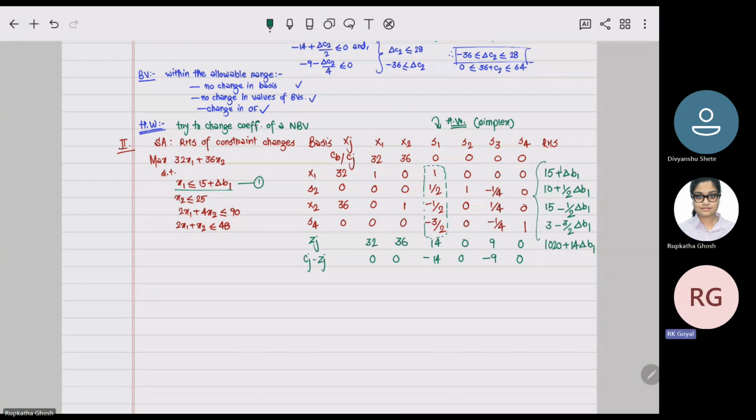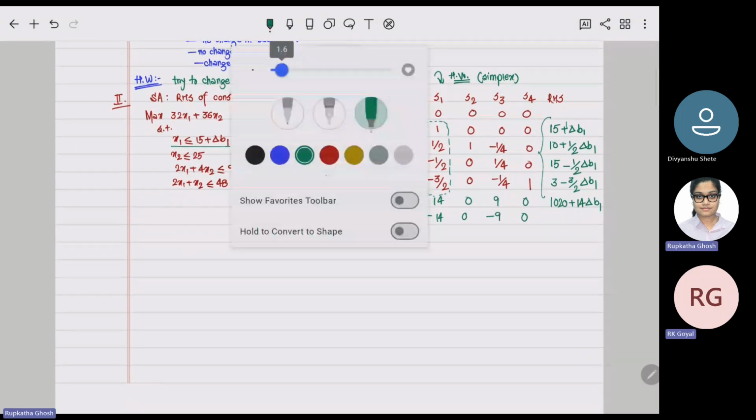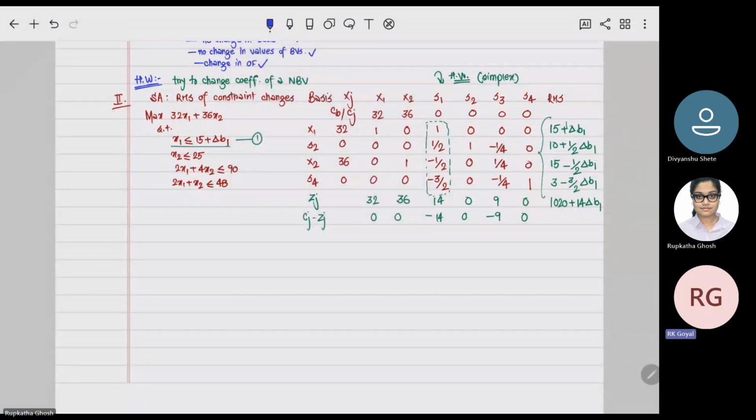Except the first one, all other values, like 10 plus delta B1 by 2 and the remaining values, should be greater than or equal to zero. Why are you leaving the first one? All are the values of your basic variables, no? Yes, everything is a basic variable, so all values should be greater than or equal to 0.